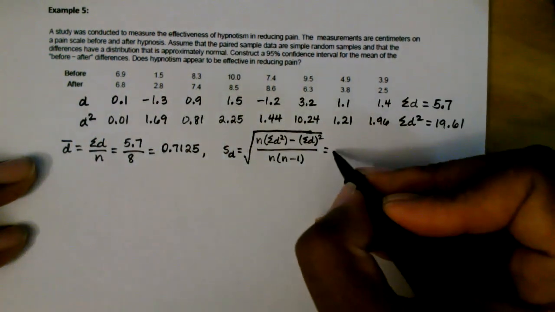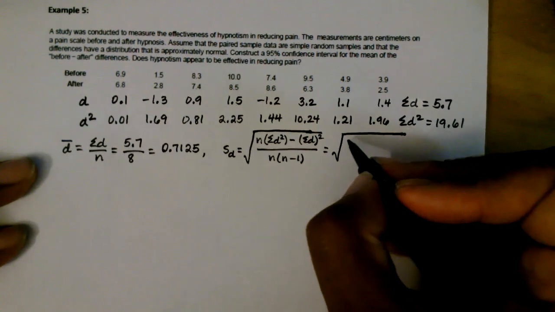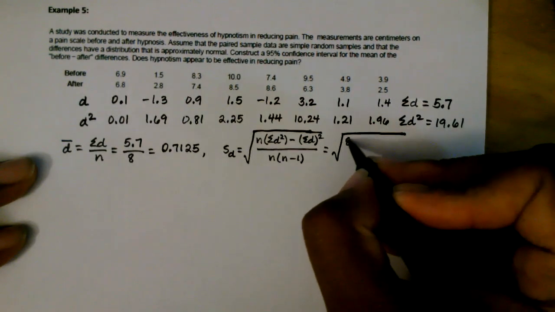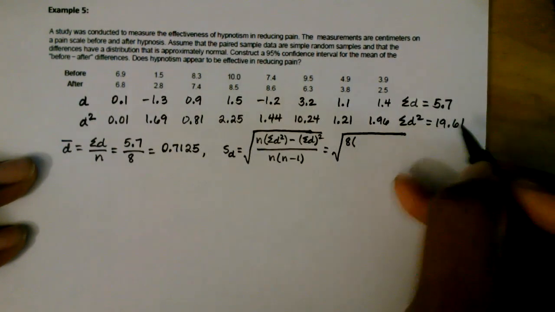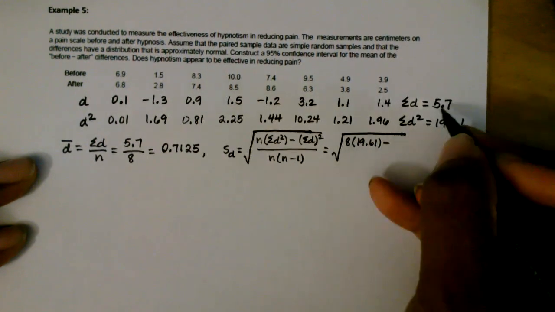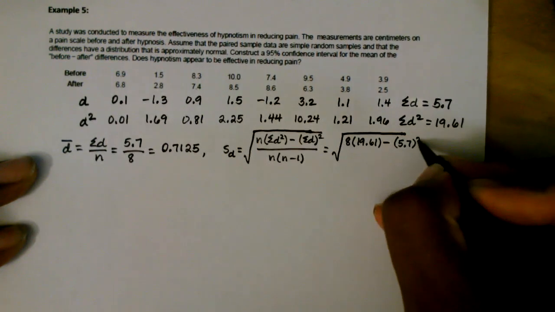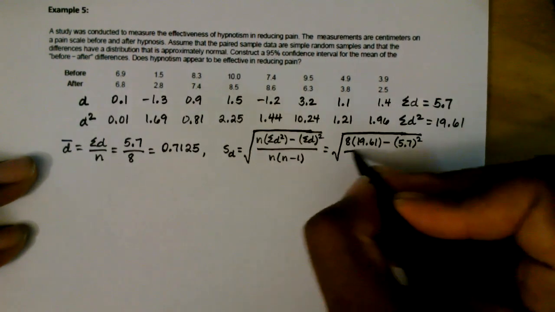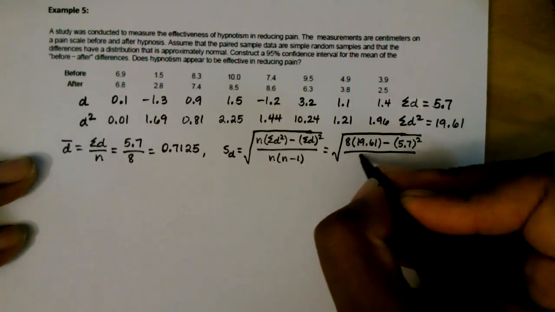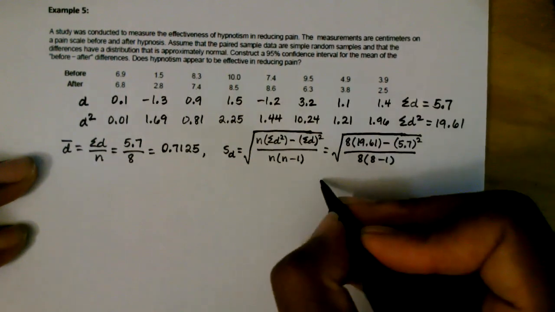So here, the square root of n, which is in this case 8, times the sum of your d squares, that's 19.61, minus the sum of the d, that's 5.7, that will be squared, divided by n, which is 8, times n again, that's 8 minus 1.